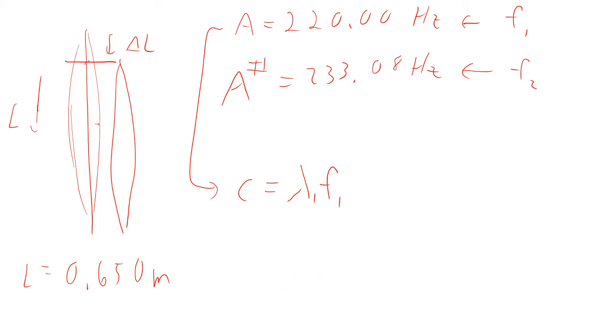No, sorry, I got it exactly backwards. In the fundamental mode, L is 1/2 of the wavelength, and so that means the wavelength is 2L. So in this case, the wavelength would be 1.30 meters.